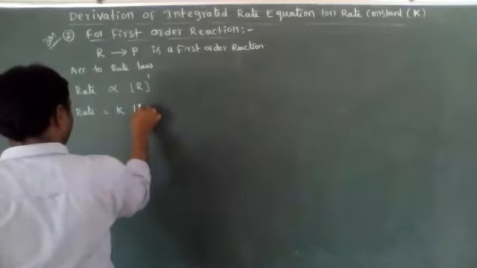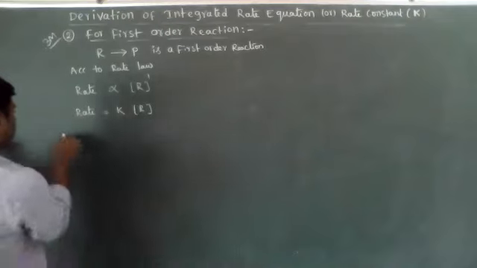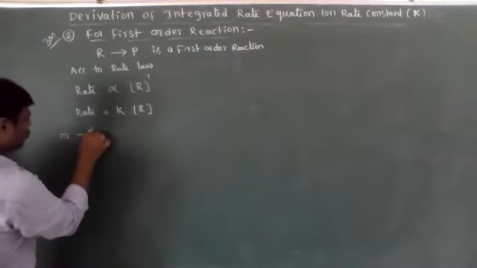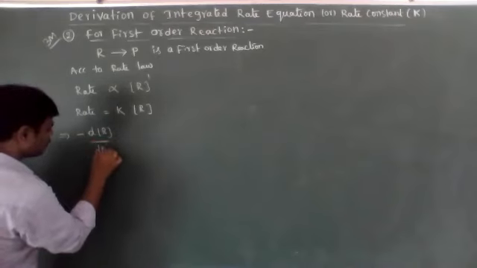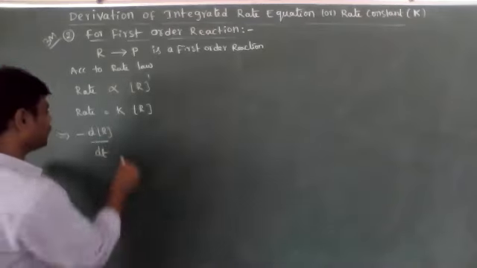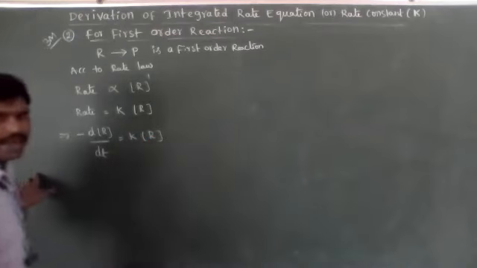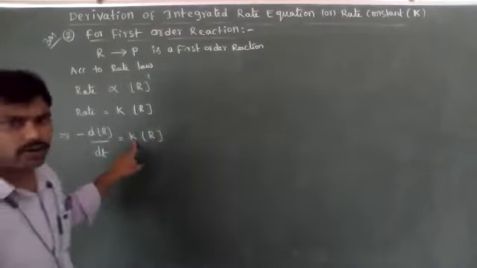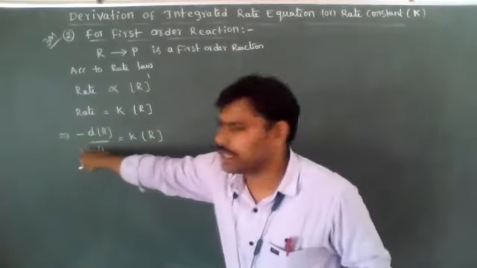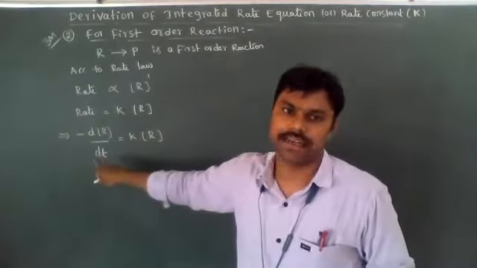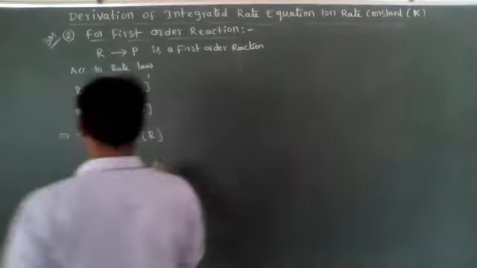Rate is equal to K into R to the power of 1, which is nothing but R only. And we know that the rate is equal to minus dR by dt. Minus dR by dt is equal to K into the concentration of reactants. This negative sign you pass to the right side, and the concentration of R moves to the left side, so it becomes the denominator, and dt moves to the right side, so it becomes the numerator.